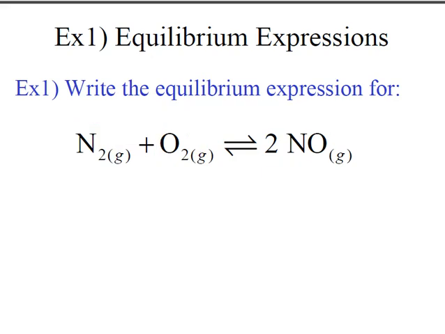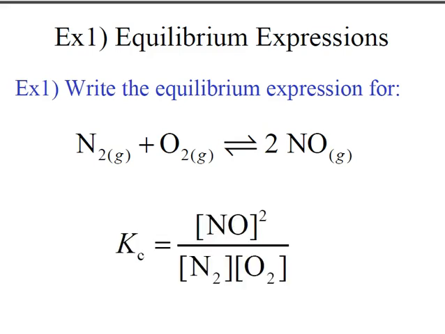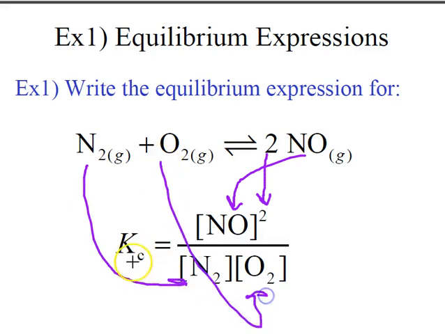So for the equilibrium expression, we're going to write K or Kc or Keq, whichever one you're using, equals. Then we'll put our product on the top in the bracket, and its coefficient becomes the exponent. Then on the bottom, we've got our reactants, and we put those in brackets because we're using Kc for concentration.